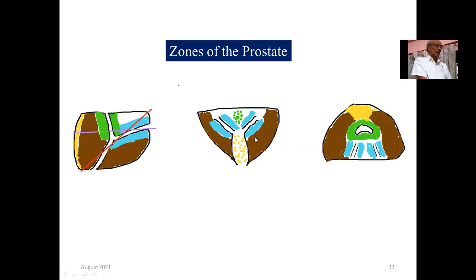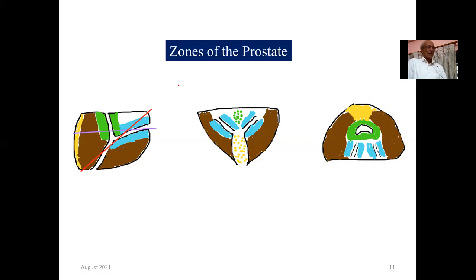The zones have great clinical significance. The benign prostatic hyperplasia occurs commonly in the transitional zone.